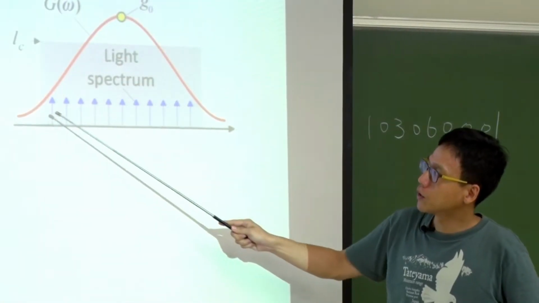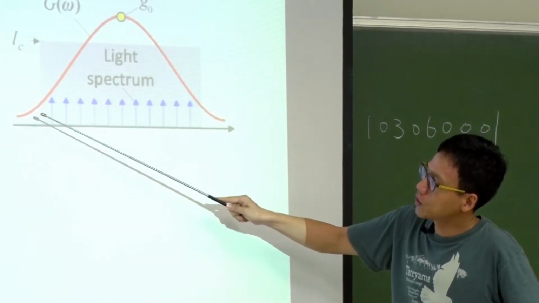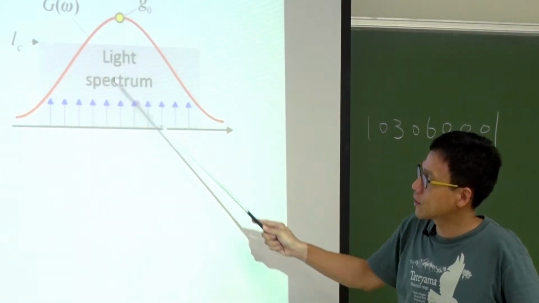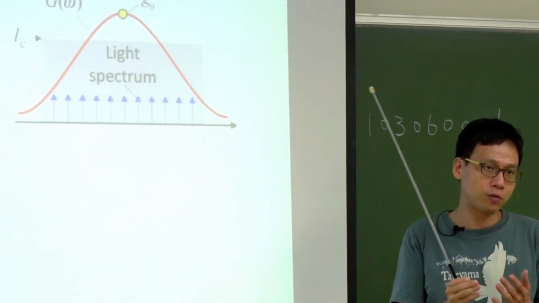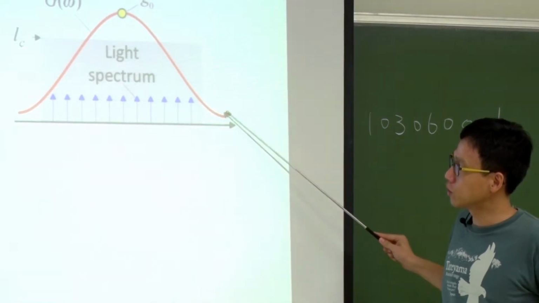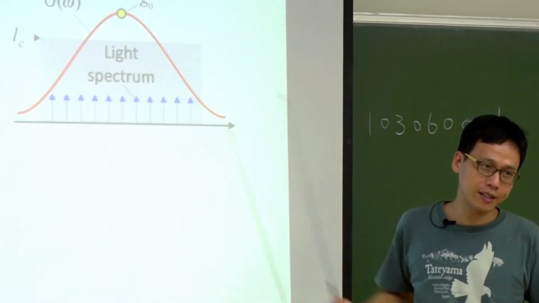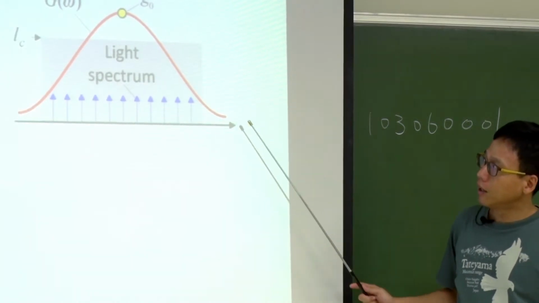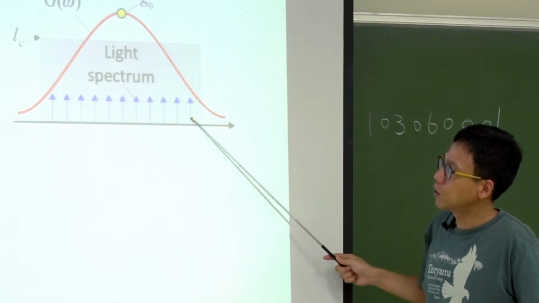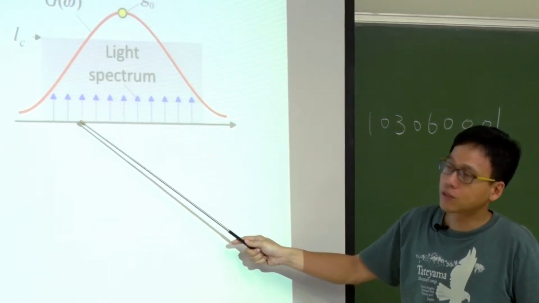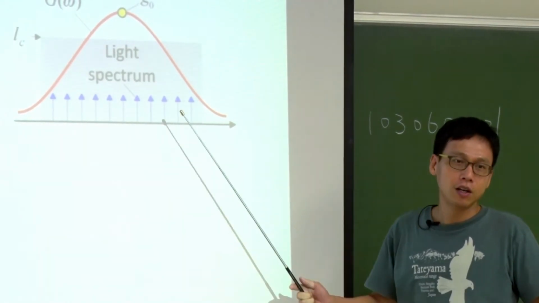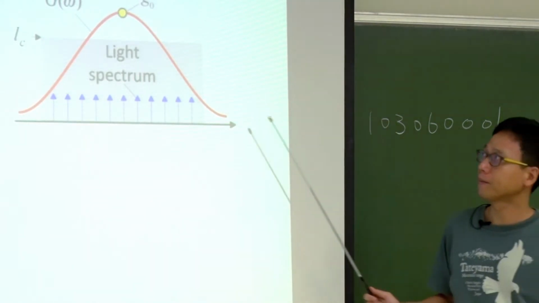It means for different frequencies, you have different gain, right? In this picture, maybe this central frequency has the largest gain, but for other frequencies, you have smaller gain, and the distribution follows this curve, okay? And let's assume in the beginning every frequency component has similar amplitude, similar energy. So the heights of the different arrows are almost the same. Okay?